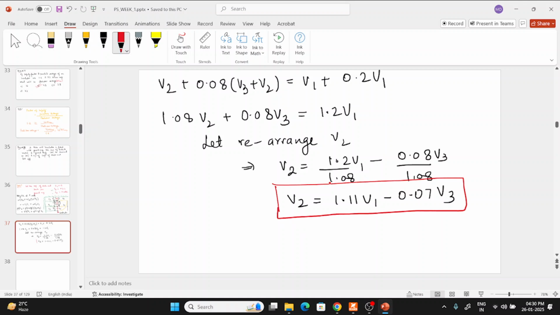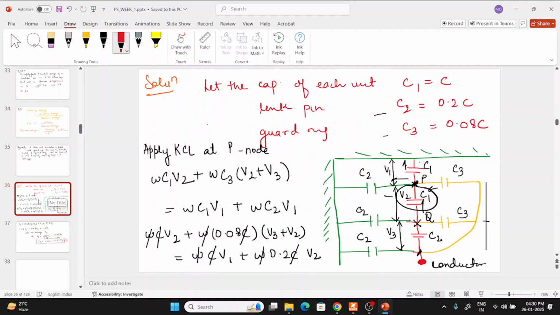Okay, I hope you have understood till now. So I will recap it. First, we have drawn the figure based upon the information given in the question. After that, we apply KCL. So the conductor is here. The current will be going up like this here. So incoming current is equal to the outgoing current. Okay.